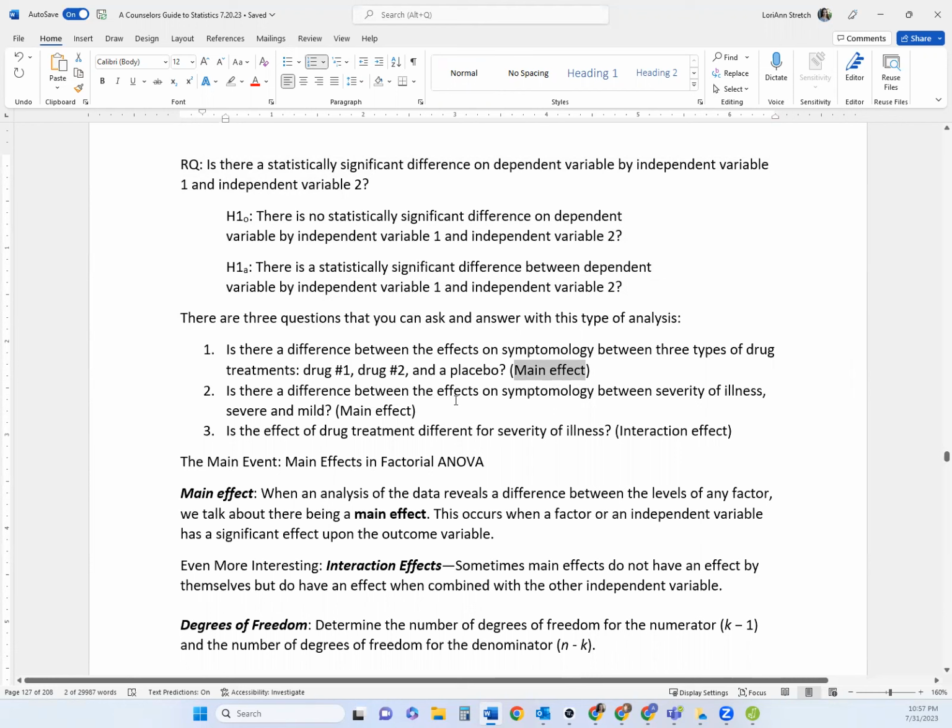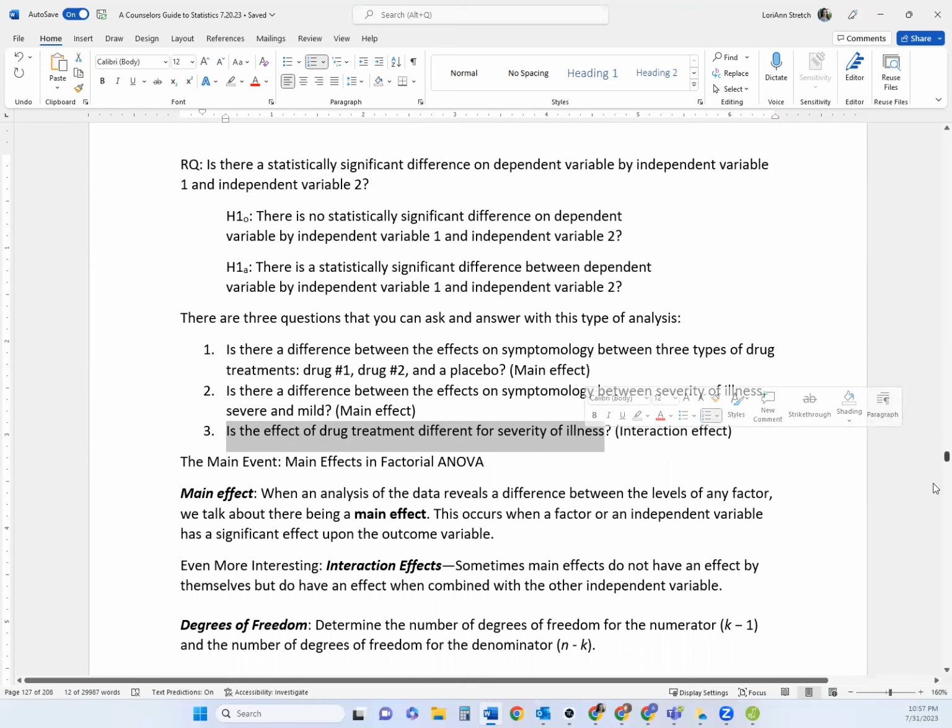Is there a difference between the effects of symptomology between severity of illness, severe and mild? Another main effect, the second main effect. And there again, we're looking within the group. Is there a difference? We also can look at the interaction. Is there an effect of the drug treatment different for severity of illness?